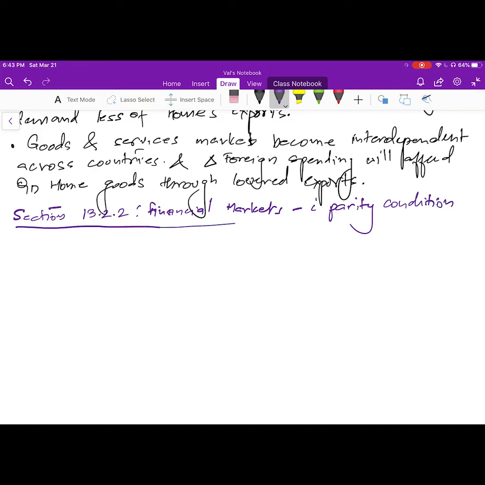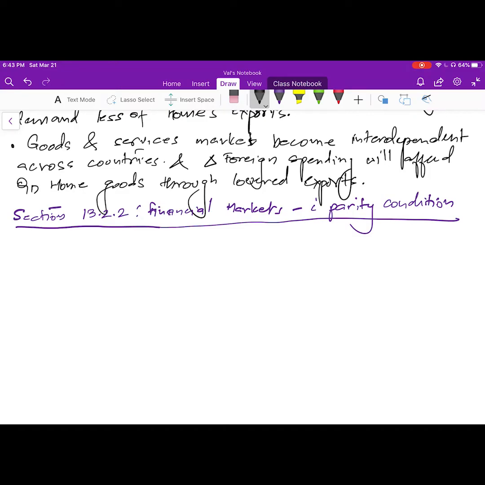So what is the interest rate parity condition? Basically, interest rate parity condition says the interest rates prevailing in any two countries are pretty much identical, because the exchange rates between those two countries will change such that you earn the same returns no matter where you invest.